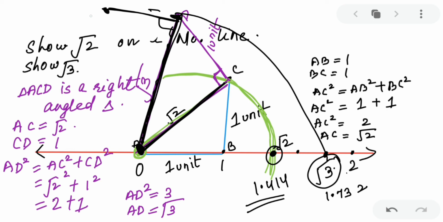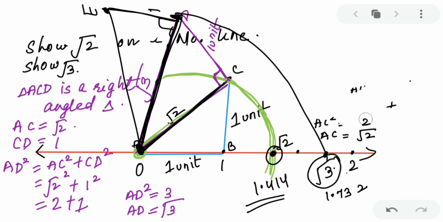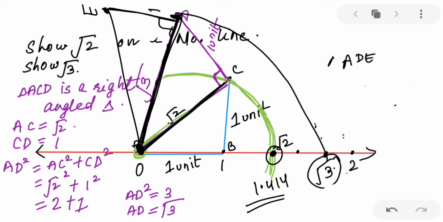And if I name this as E and I join AE, can I say I am getting a right angle triangle ADE? In that right angle triangle, if I apply Pythagoras theorem, AE square will be equal to AD square plus ED square. Correct? This is your A. Yes. This is your D.